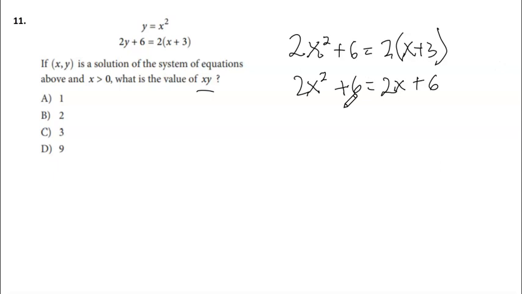So with this, we know that these two will cancel out, meaning that it's going to be 0 eventually. Either you bring from the left to the right or from the right to the left. 6 will cancel out, become 0. And then we're going to end up with 2x squared equals 2x.